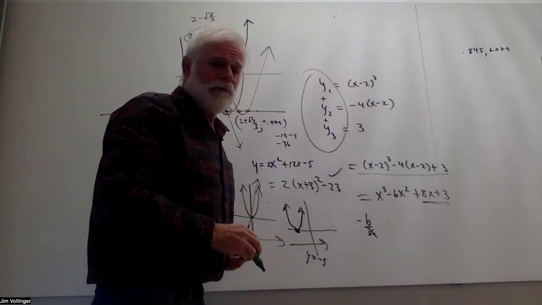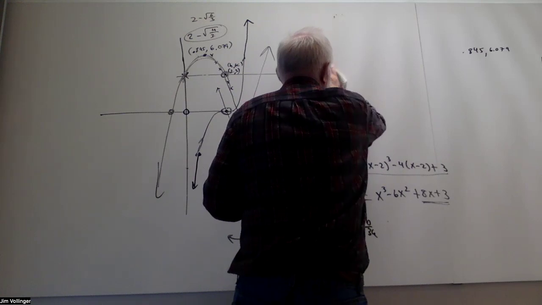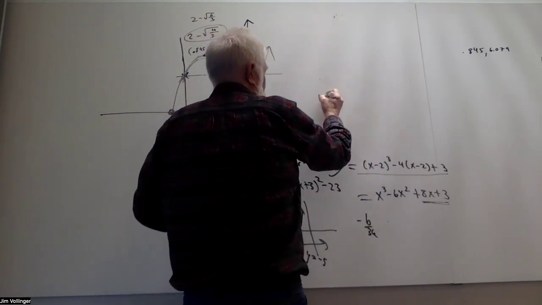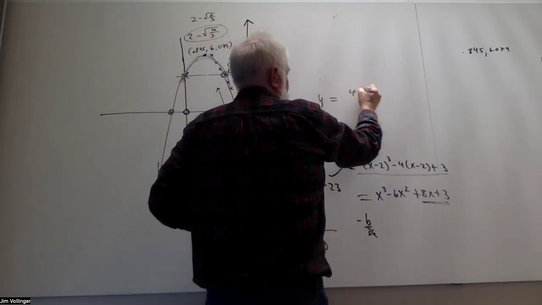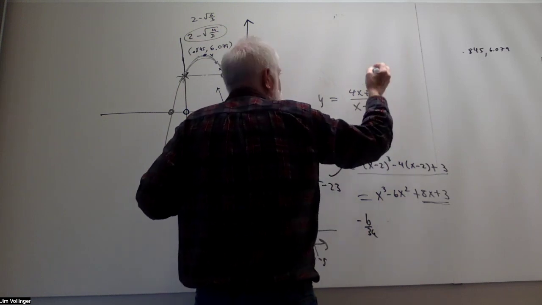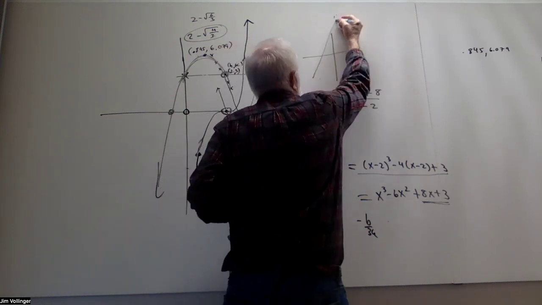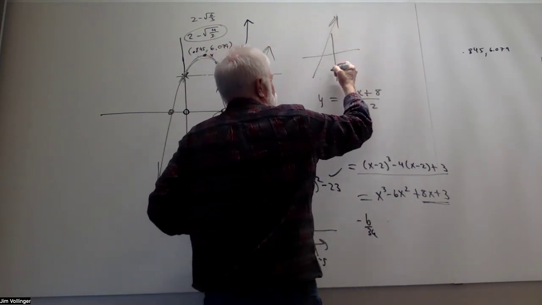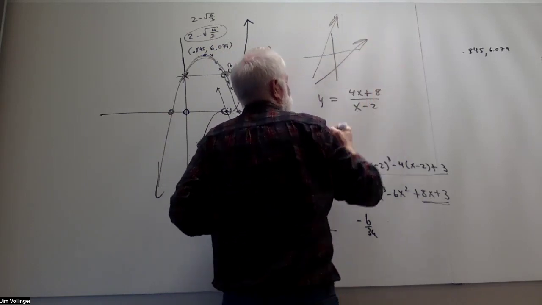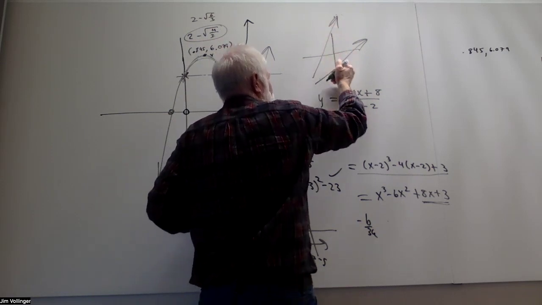Because we're starting rational functions. And so what do we have for rational functions? We have y equals, let's say, 4x plus 8 over x minus 2. All right, well, that's really 2 graphs, 4x plus 8 and x minus 2, something like that. And then we'd be talking about dividing one y value by another.